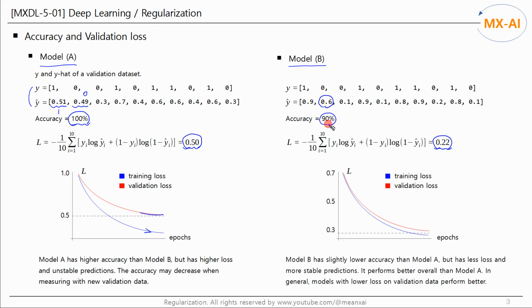On the other hand, Model B has slightly lower accuracy than Model A, but has less loss and more stable predictions. The accuracy is expected to remain around 90% even for new validation data. Therefore, Model B performs better overall than Model A. In general, models with lower loss on validation data perform better.